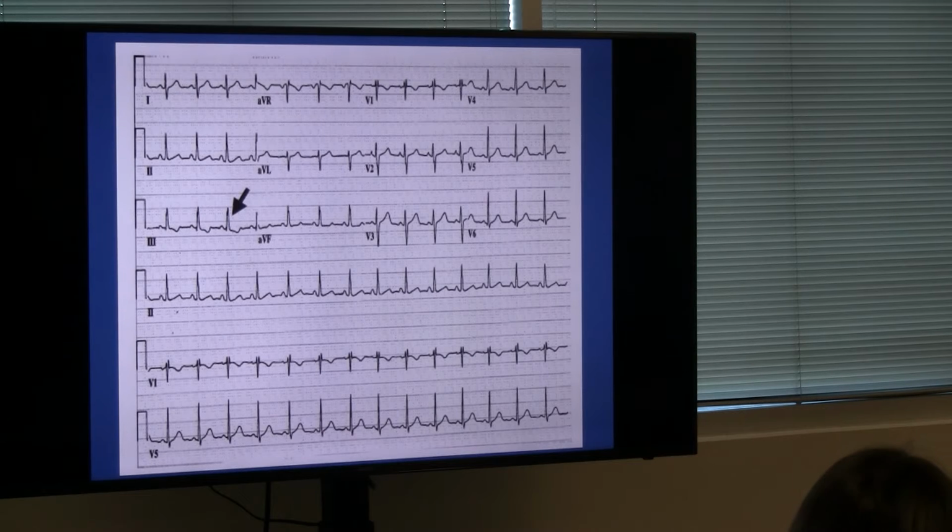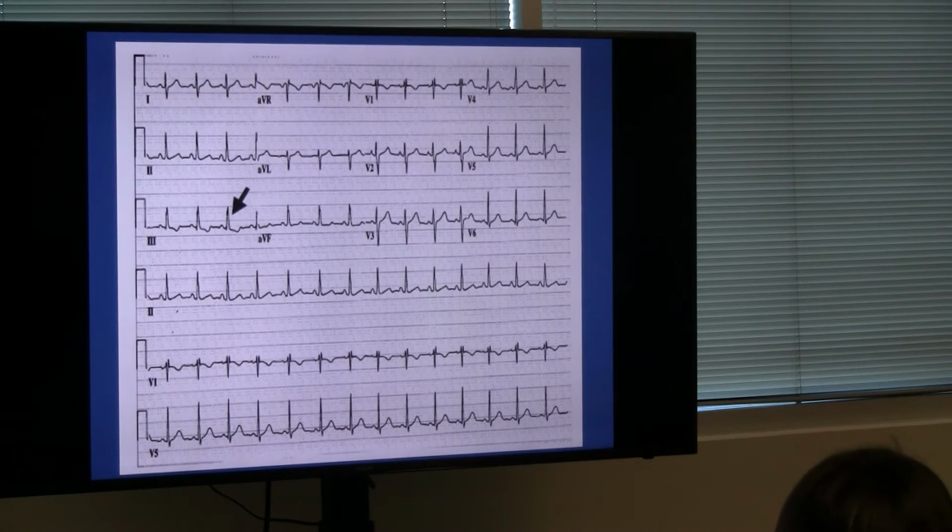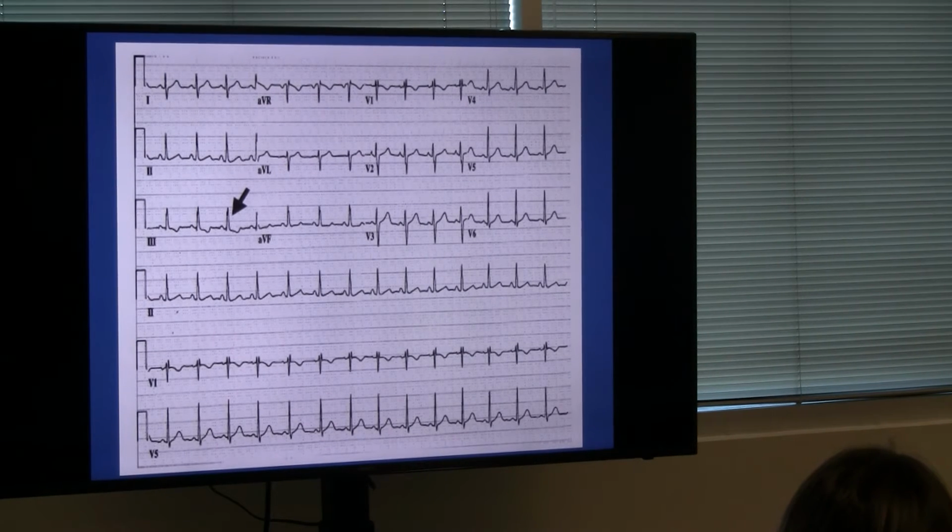Sometimes you see slurring of the QRS in the 2-3 area, which they call crochetage abnormality, and an incomplete right bundle branch block pattern. That's how the EKG of an atrial septal defect looks. There can be a normal axis and there can be left axis deviation. Normal axis usually points towards secondary ASD, and left axis deviation points towards ostium primum ASD. Those are all the board things that they will tell you these ECGs show.